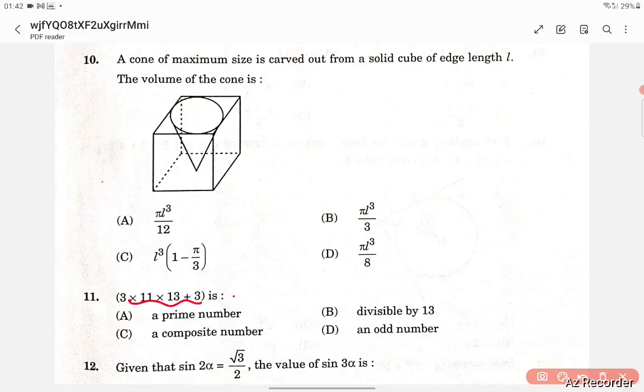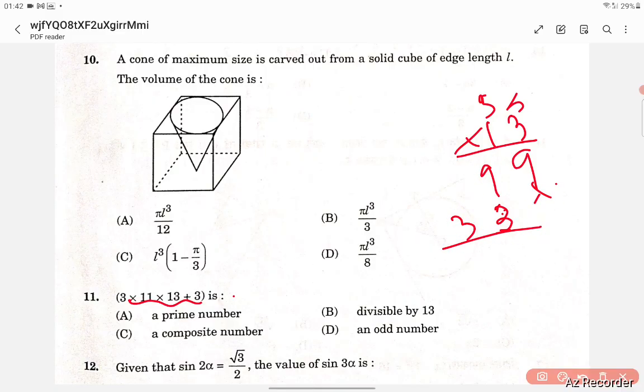Okay, so this one we have to solve and see. That is 33 into 13, and we'll get this 3 ones are 3.